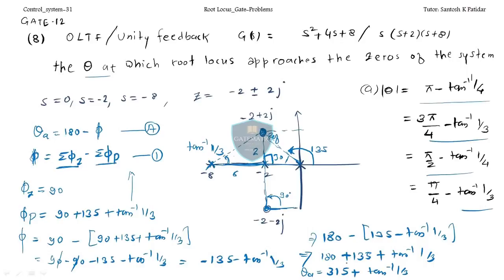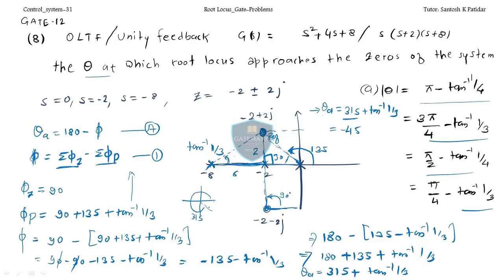So what is this twist over here? Your theta A you got is 315 plus tan inverse 1 by 3. So this 315 is nothing but minus 45 degree. This is the 315 angle.